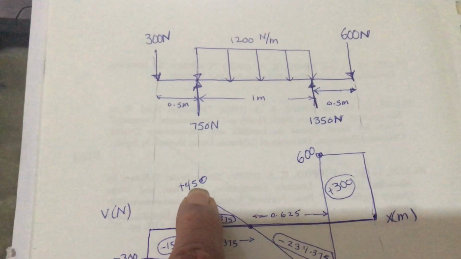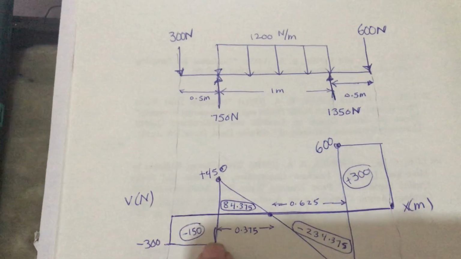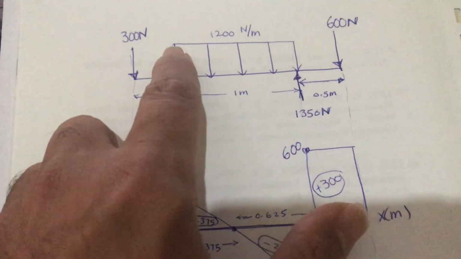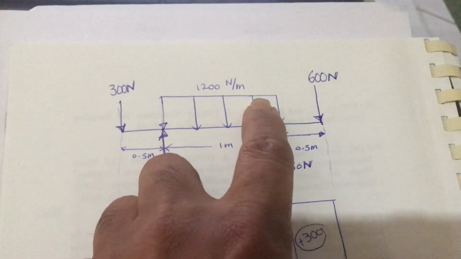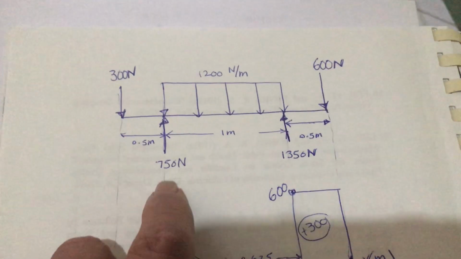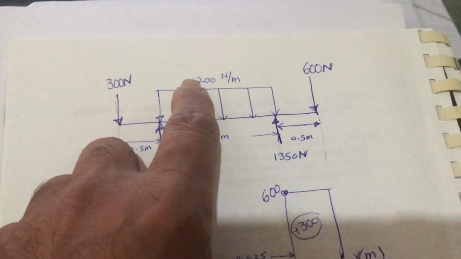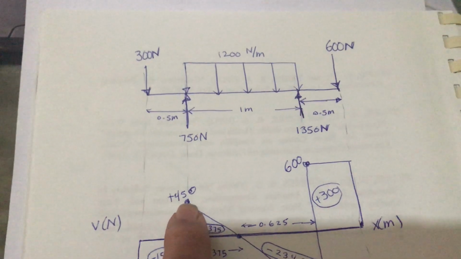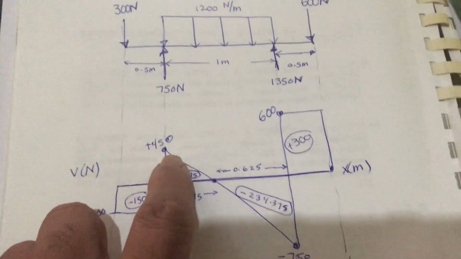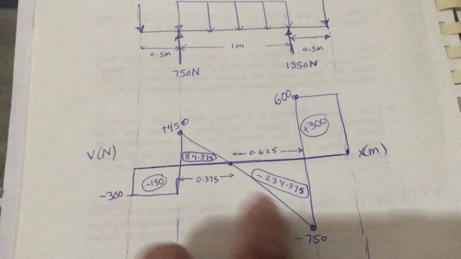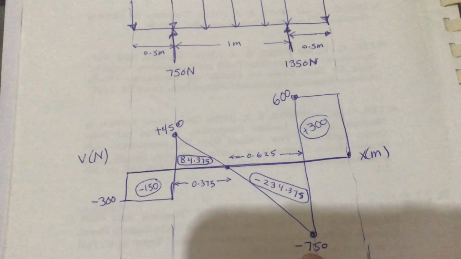And again, we said that if there is no loading, it's uniform. If it is uniform loading, now it's going to be linear. So here is plus 450, and here there is a uniform loading, so 1200 times 1, so 450 minus 1200, you will go all the way down, it's linear by the way, to minus 750.